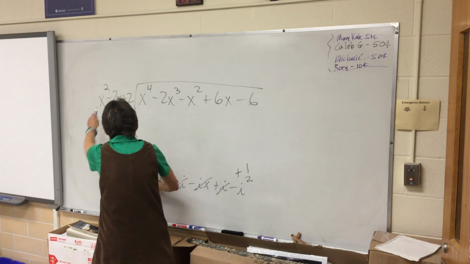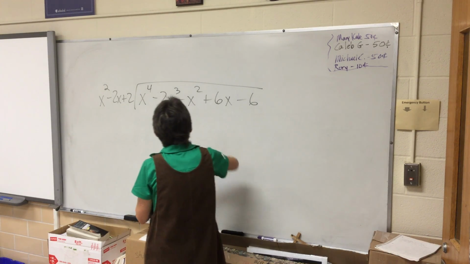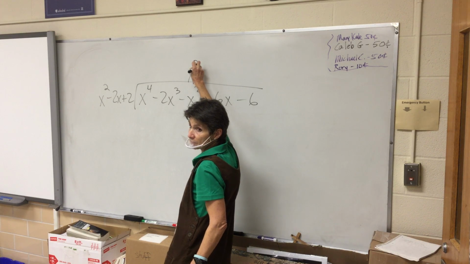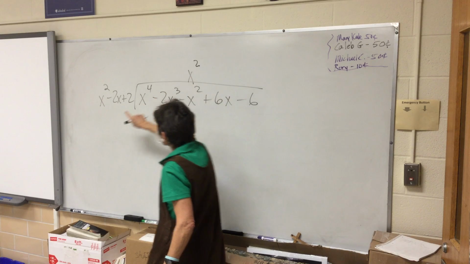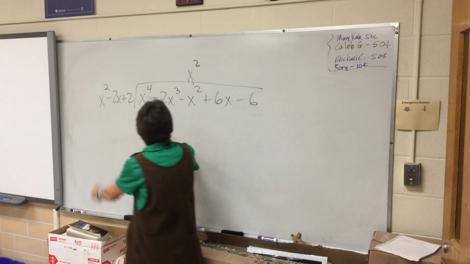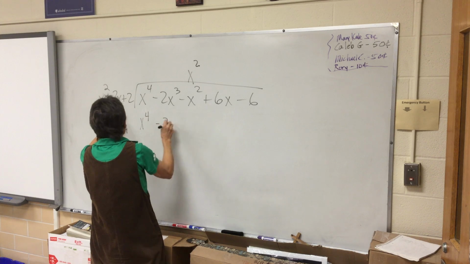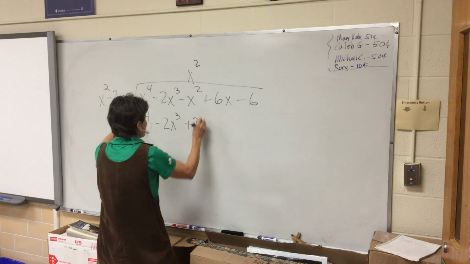I need to take x squared into x to the 4th, so I'm going to need an x squared up here. Now I'm going to take that x squared times all three things, so I'm going to get x to the 4th minus 2x cubed plus 2x squared.